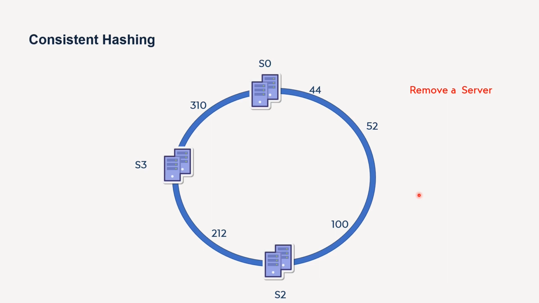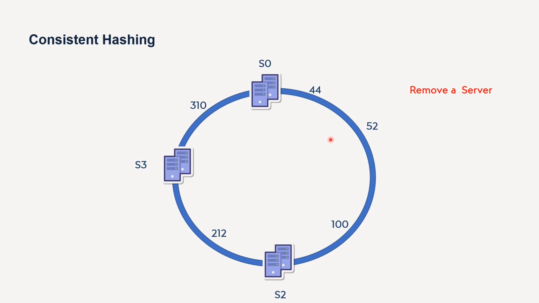So we remove the server S1, maybe for some other application. The keys 44, 52, and 100 are now looking at S2 in the clockwise direction, so these three keys are going to be saved to S2. S1 will transfer these keys to the S2 server.